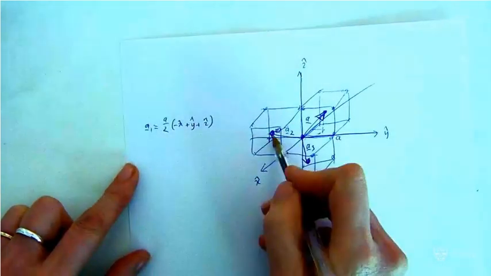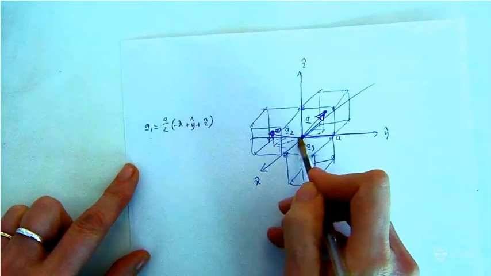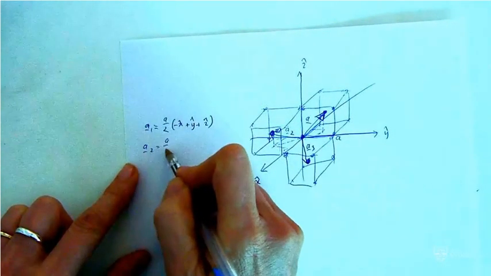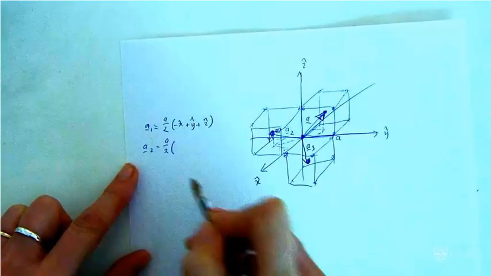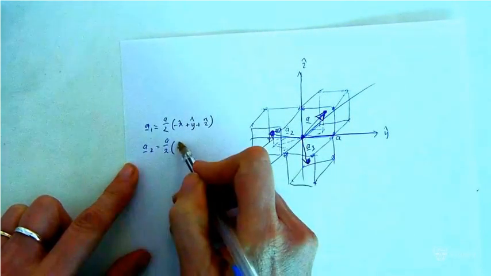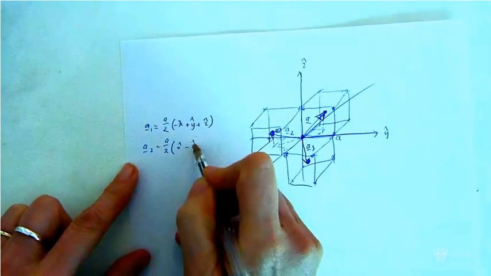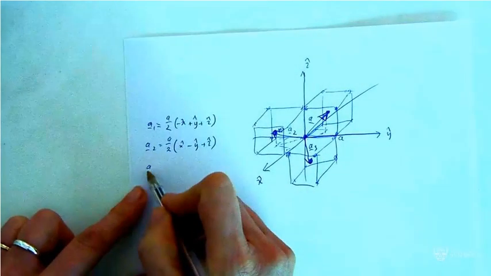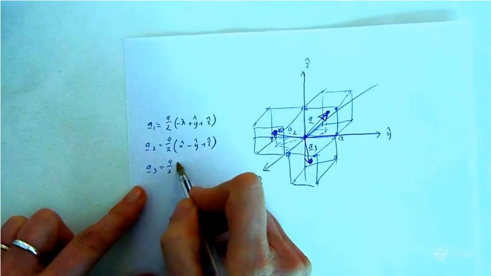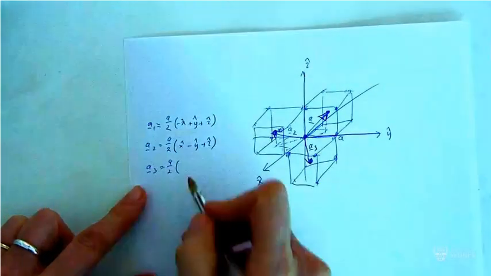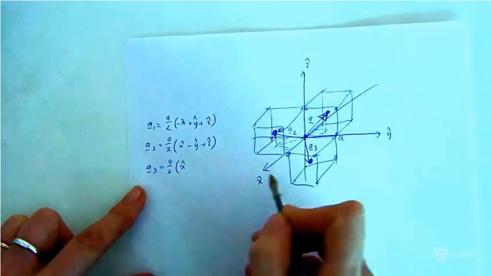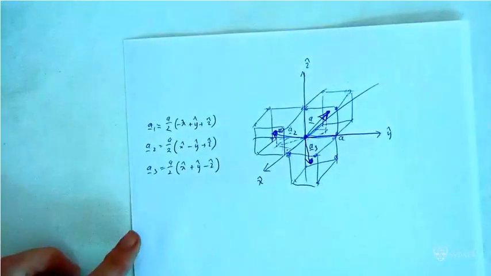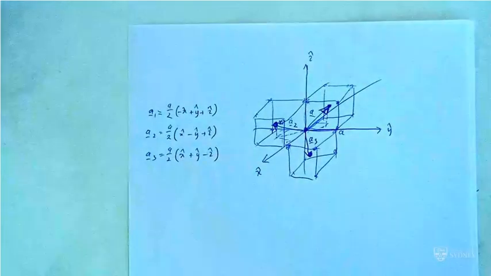For A2, you can see here, it will be the same prefactor, but x coming out at you, so positive x hat minus y hat plus z hat. And the final one, A3, is a on 2 times positive x hat, positive y hat, and negative z hat. So these can be your primitive vectors for the body-centered cubic cell.